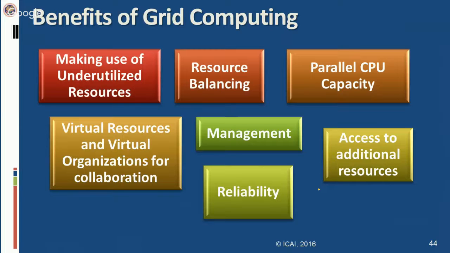Virtual resources and virtual organizations for collaboration among a wider audience. Management: heterogeneous systems create new opportunities to better manage a larger distributed IT infrastructure. It is reliable, and there is access to additional resources.